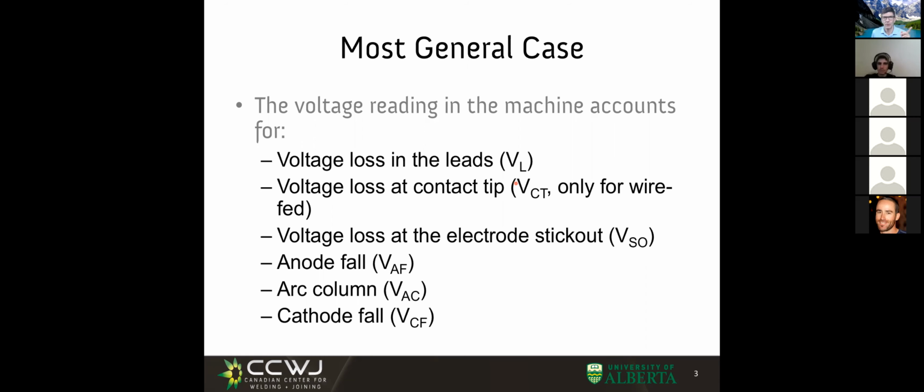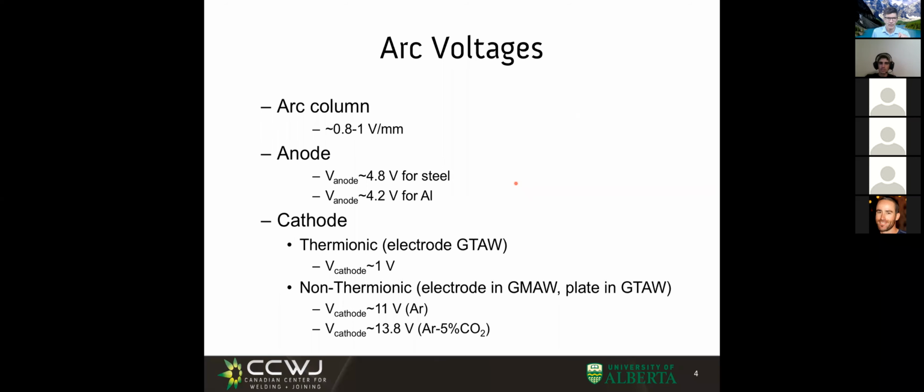But Alejandro used the concept on Tuesday's seminar. So about the arc, we already have these voltages, which are on one hand extremely useful and pretty good predictors.